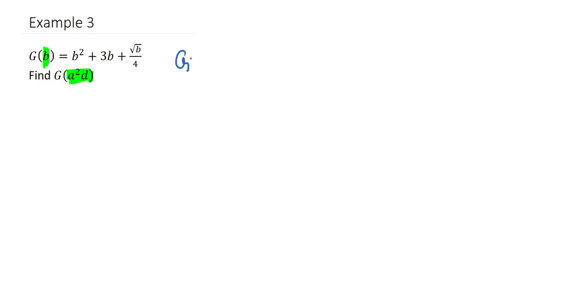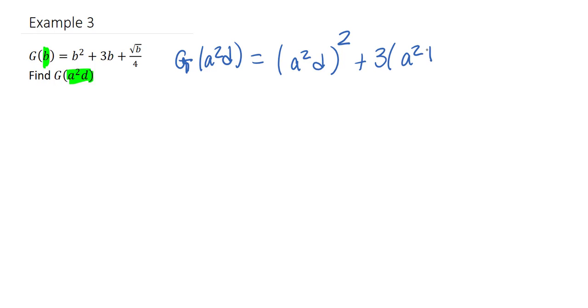We have g of a squared d, which is equal to b squared, which now becomes a squared d. Put this all in parentheses, and that whole thing is squared, plus 3 times a squared d, in parentheses, plus the square root of a squared d, all over 4. So now let's simplify.